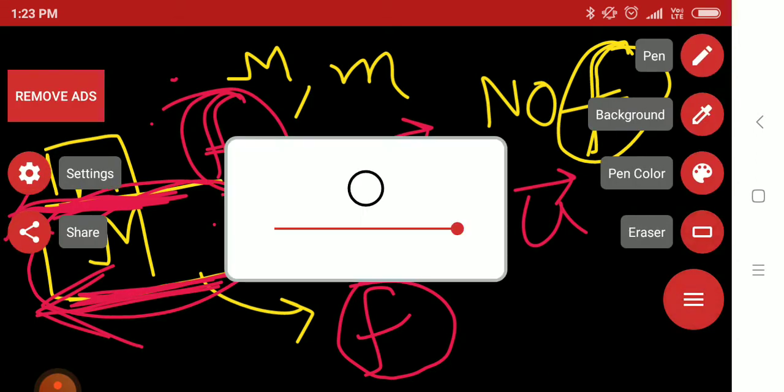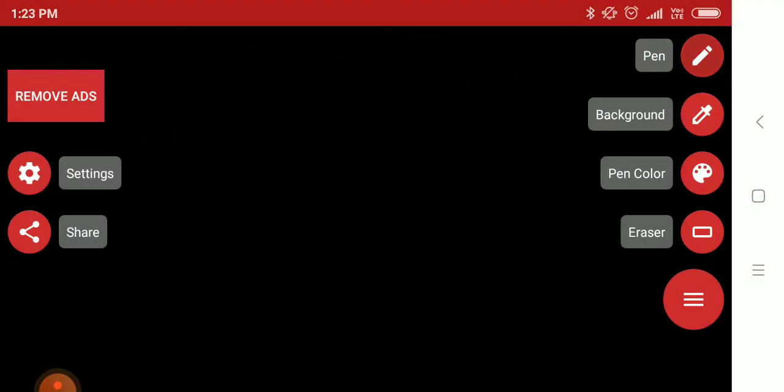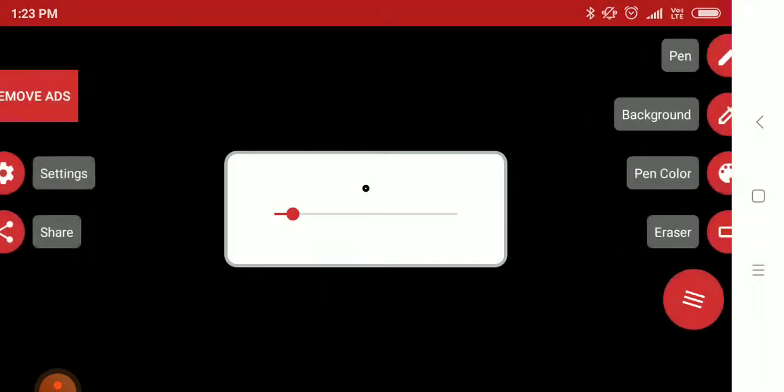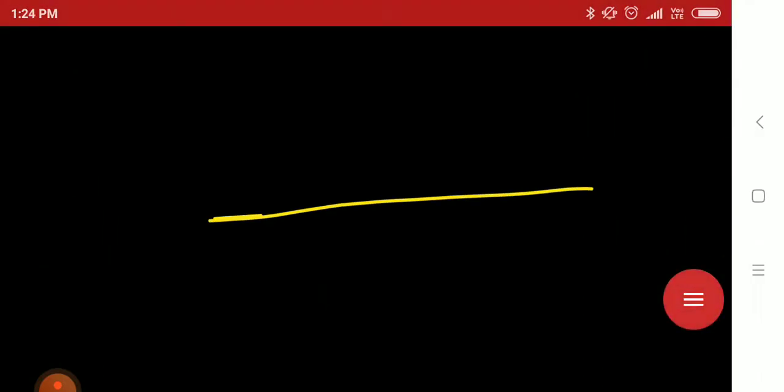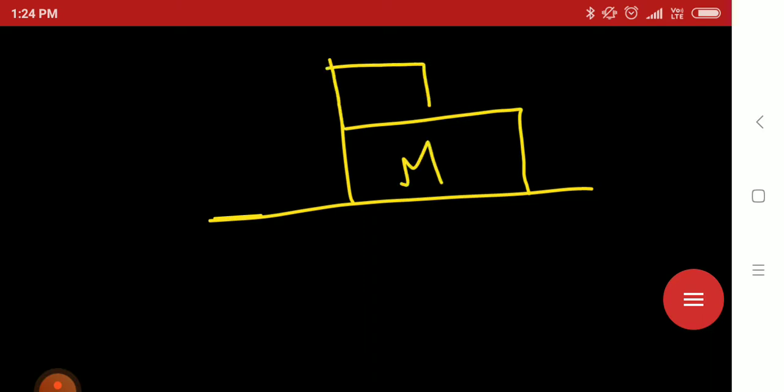Let me draw cleanly. First, let me change the pen color. So this is the capital M mass and the small m mass.